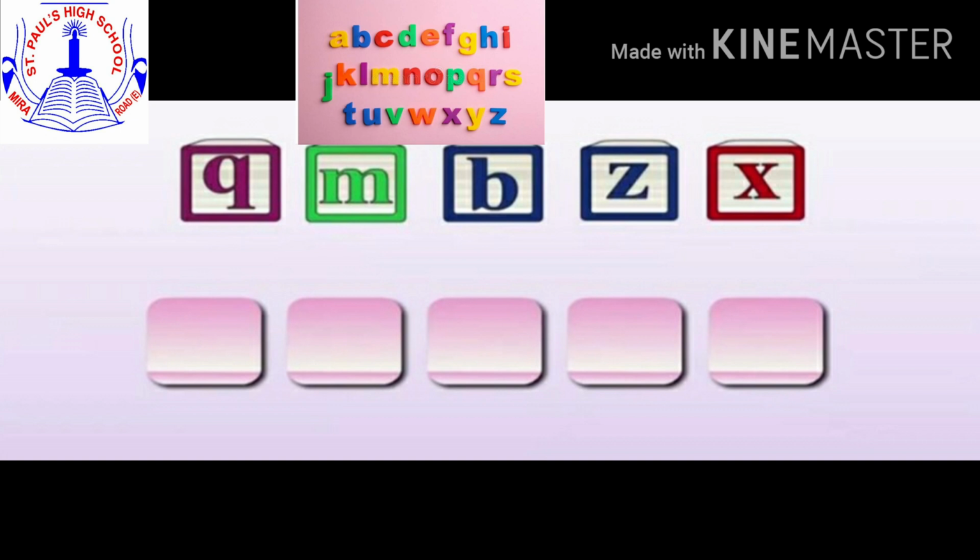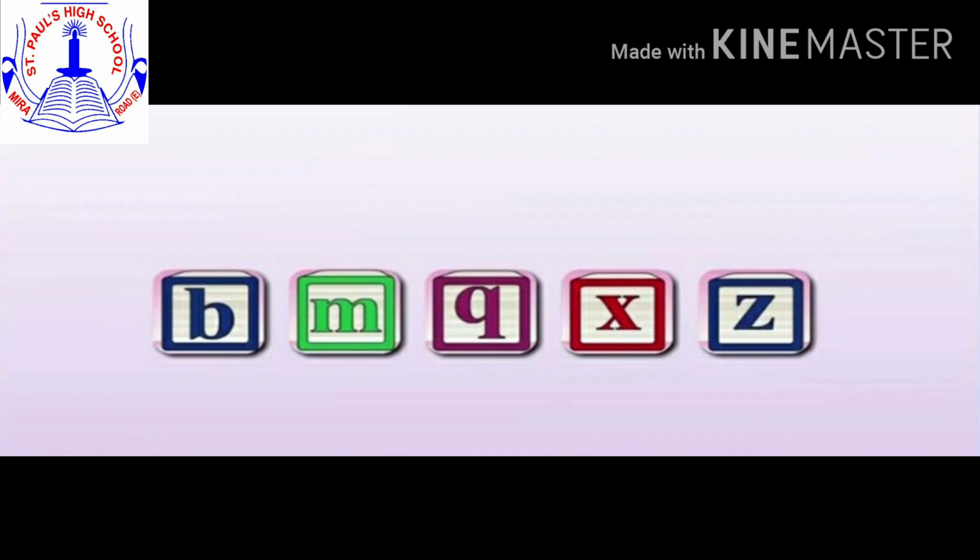No. K, L? No. M? Yes. So the next letter is M. N, O, P? No. Q? Yes. R, S, T? No. U, V, W? No. X? Yes. Y? No. And Z? Yes. Correct answer of alphabetical order small letters is B, M, Q, X, Z.